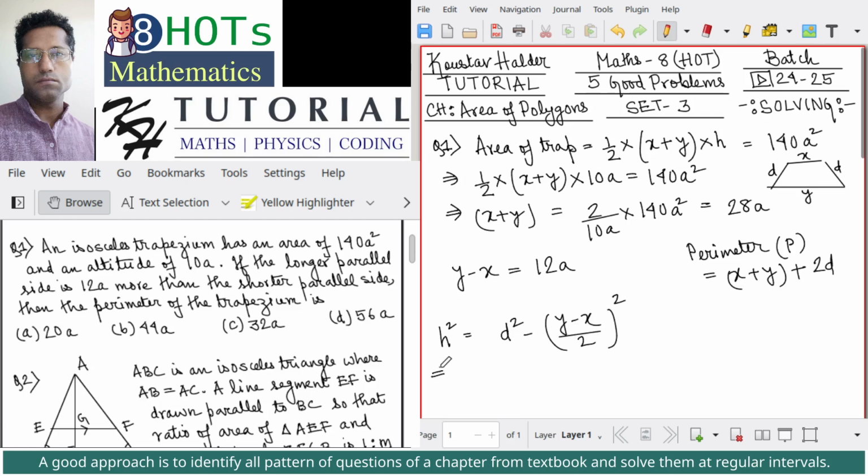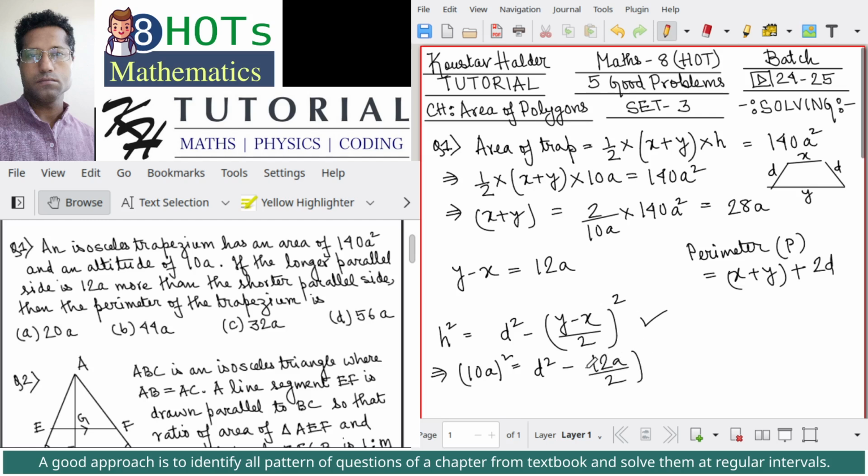Applying this formula, h is given, altitude is given to be 10a. The idea is to find d. From this equation I can find d, because y minus x is given and I also know h. So I have 10a square is equal to d square minus y minus x by 2 square, where y minus x is given to be 12a.